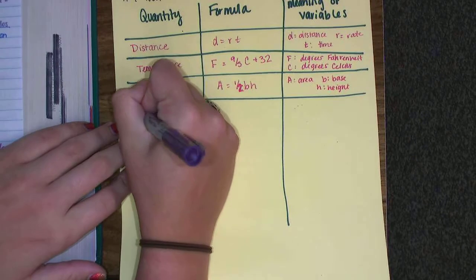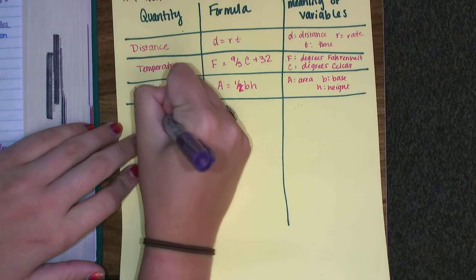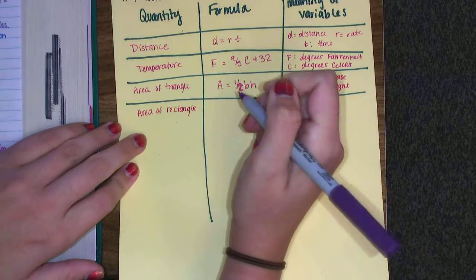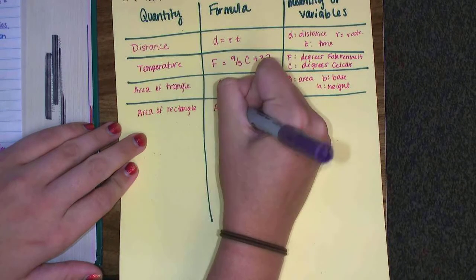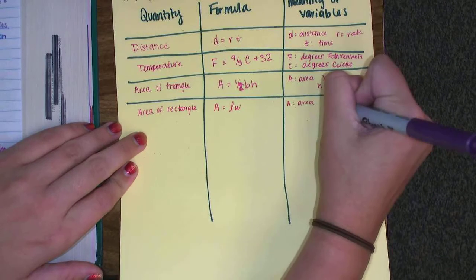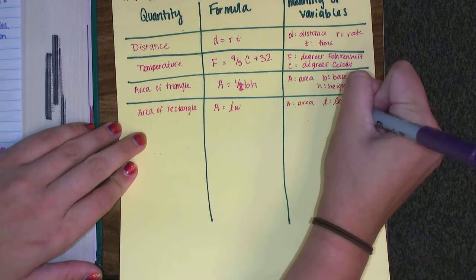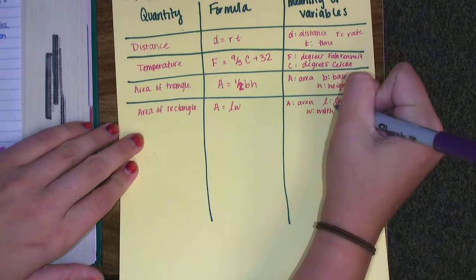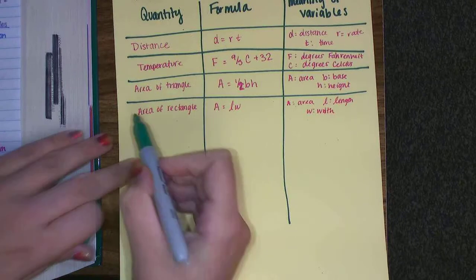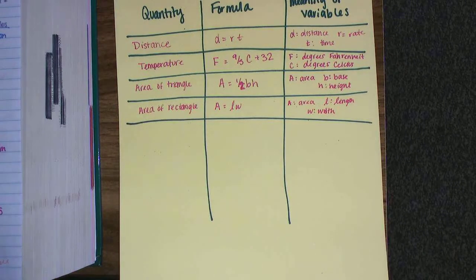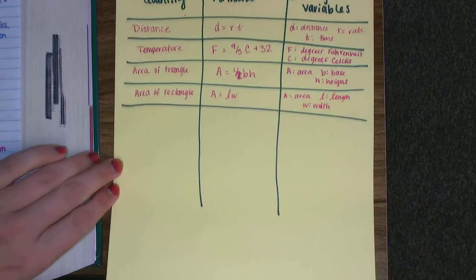Next, we have area of a rectangle, which is A is equal to L times W. A is still area, L is length, and W is width. These lines are definitely not straight, but oh well.